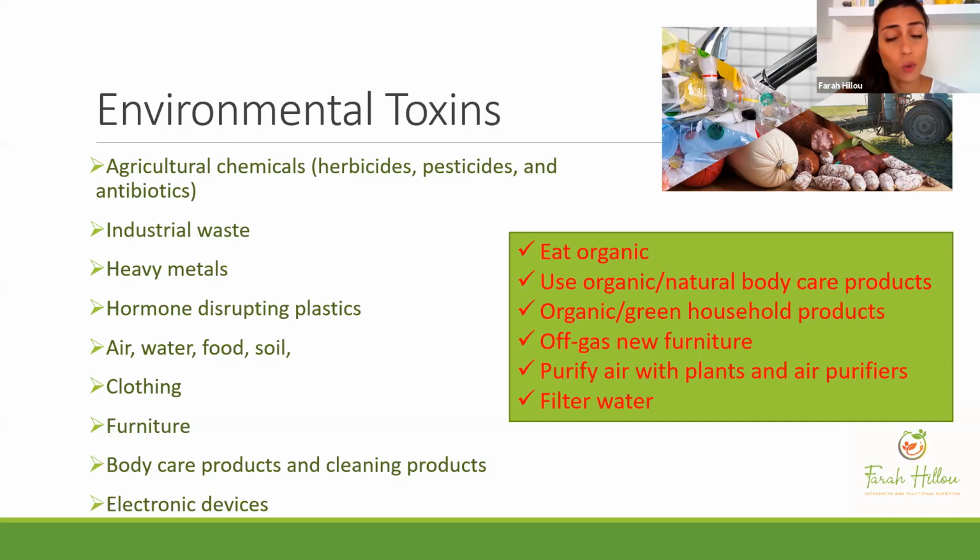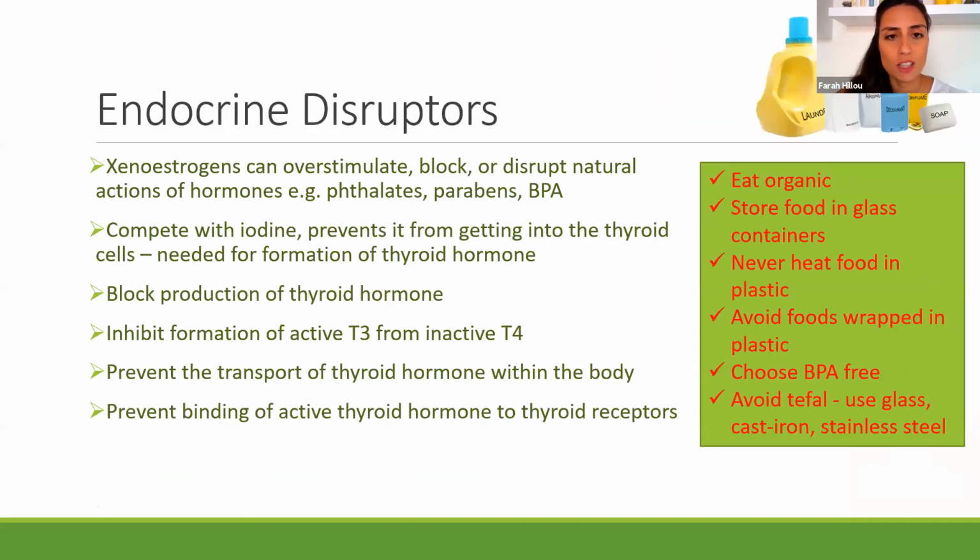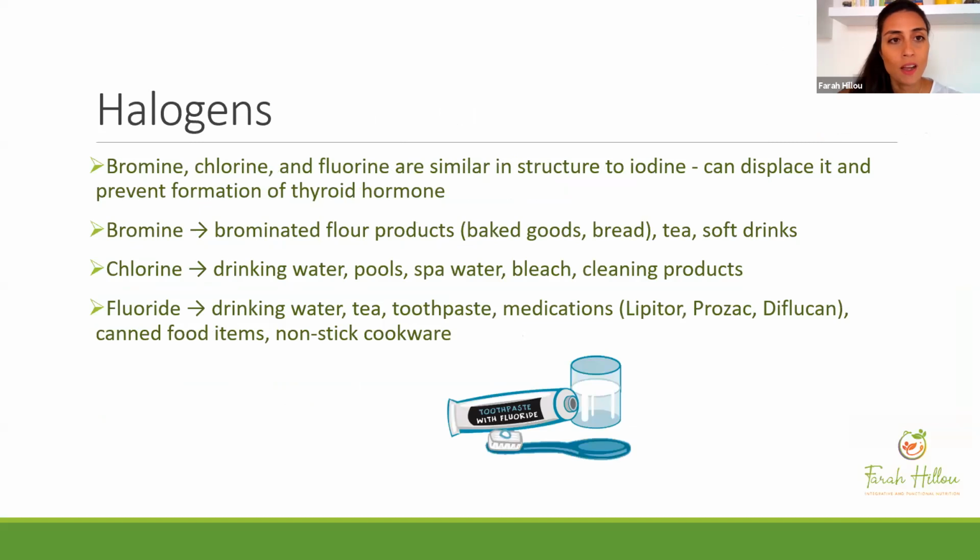Consider going for an air purifier and a water filter. Endocrine disruptors as well can block production of thyroid hormone. They can affect the conversion of T4 to T3. So once again, eat organic, ditch any plastics, use glass containers, never heat food with plastics, and go for BPA-free items. And even your cookware: consider stainless steel or glass cookware.